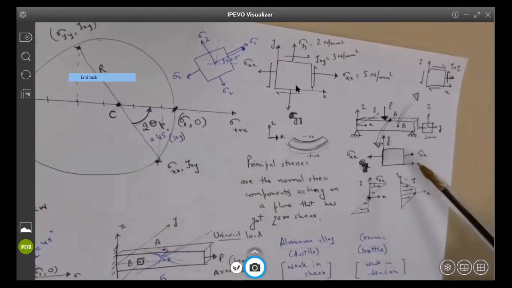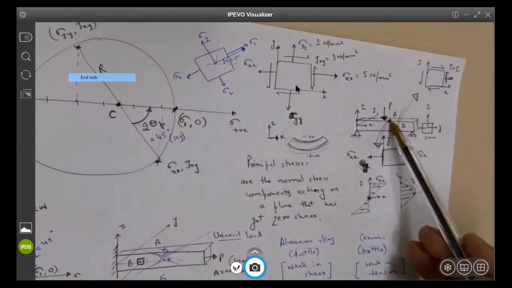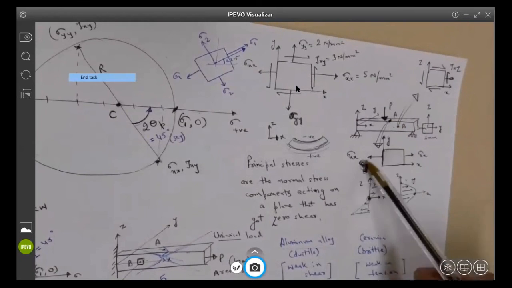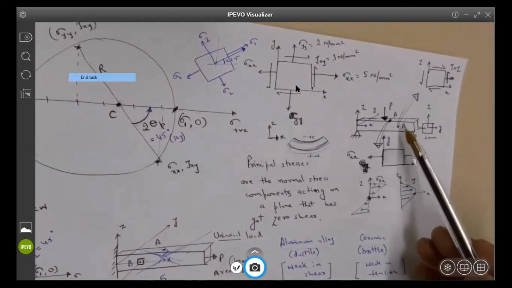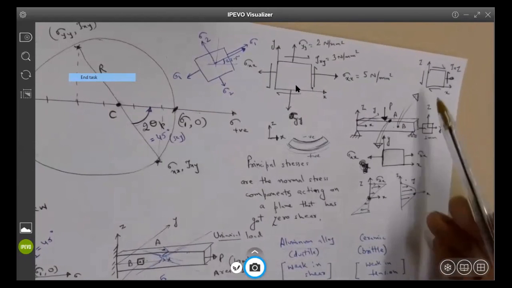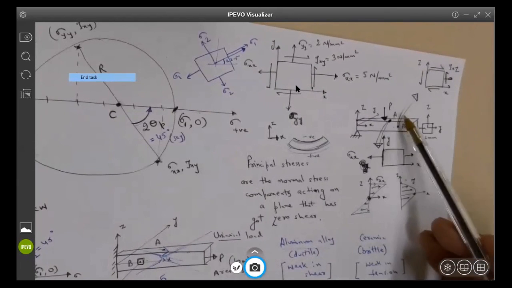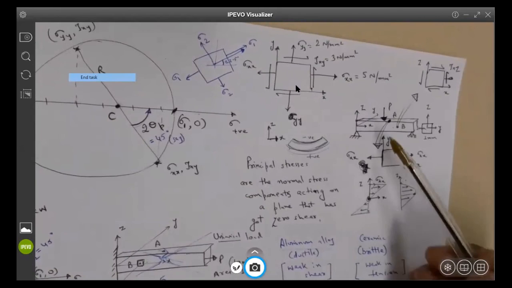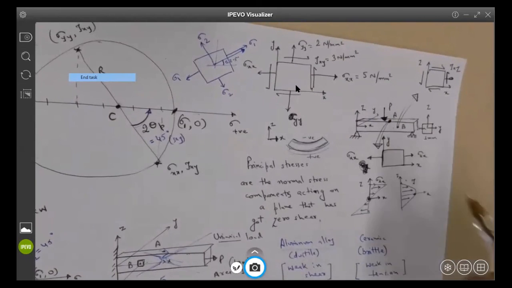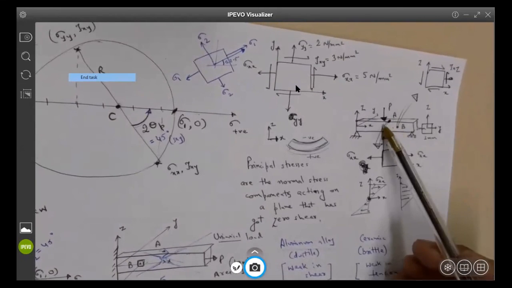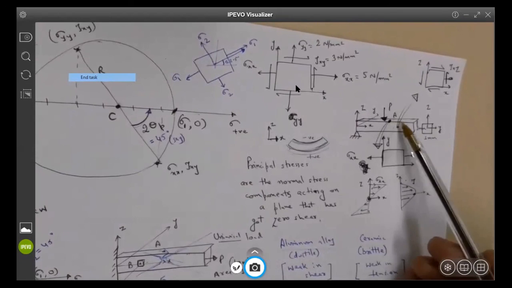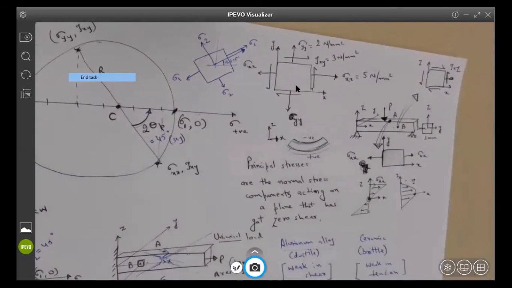So if somebody asks me, okay, I have a stress element at point A that has got uniaxial stress like this, and a stress element at point B which has got only shear stresses, how is the material going to fail in this scenario? If somebody asks me, okay, so you know about the stresses, great, then how will the material fail? What will be the answer?